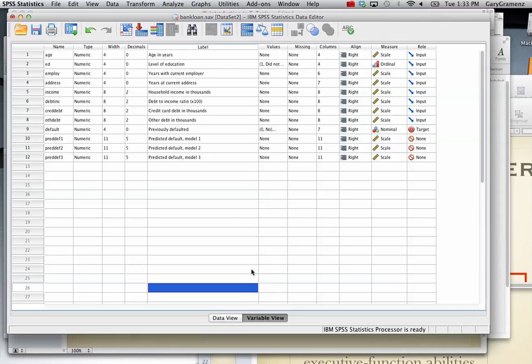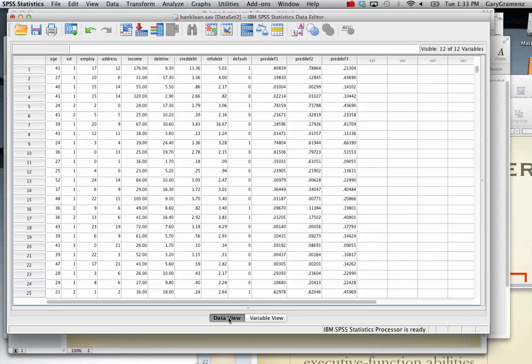Okay, welcome back. Now, as we explained before, this is the variable view, and here are all the questions that were asked on this particular survey, and then all the answers were here on the data view. So the first person, their age was 41, the second person, their age was 27, third person was age 40, and so on.